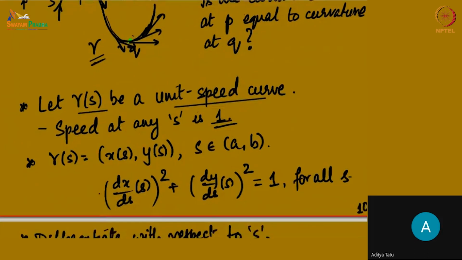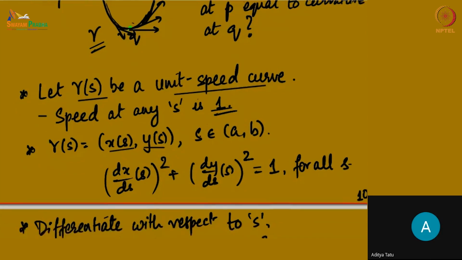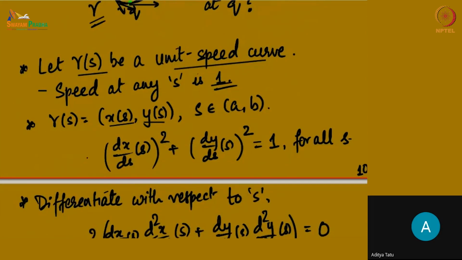So gamma of s can be described by 2 functions, x of s and y of s, x describing the x coordinate, y describing the y coordinate. Speed being 1 basically means this equation: (dx/ds)^2 + (dy/ds)^2 is always 1 for all values of s.